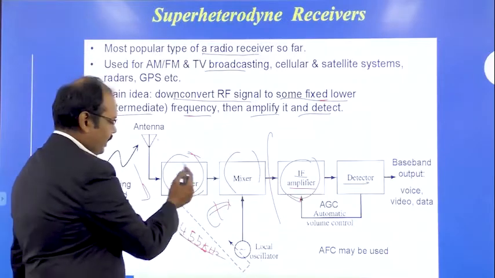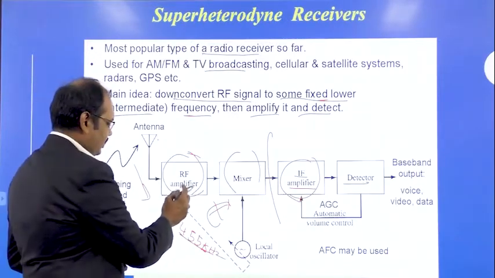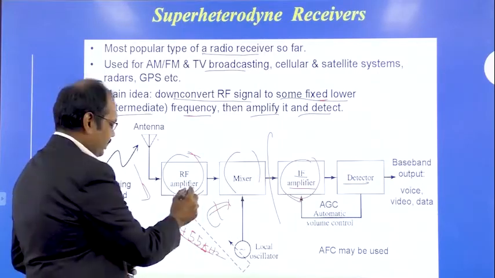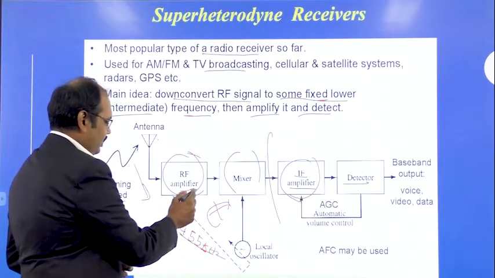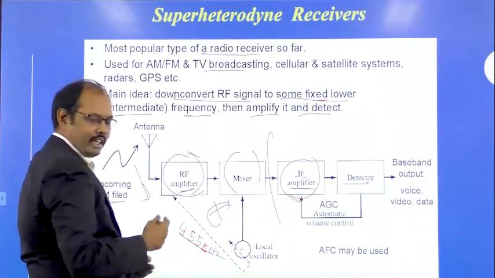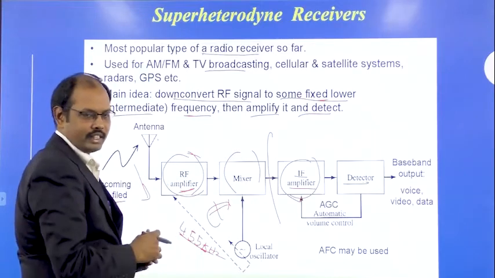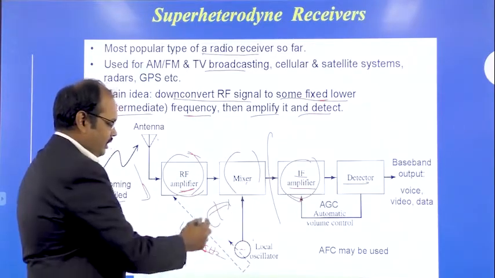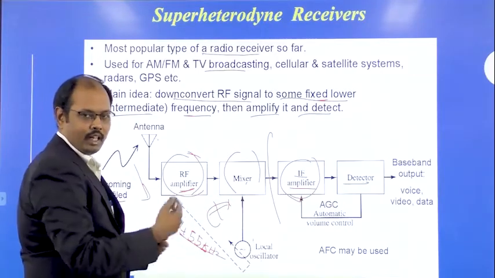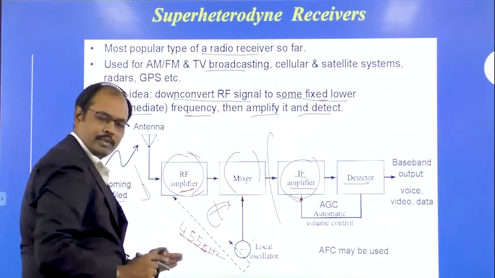In this part, the antenna will be receiving many signals. The RF amplifier will be collecting the signal and amplifying it. It will have selectivity, that is, it will select a particular frequency of signal and reject the remaining frequencies. The mixer and local oscillator are used to down convert or up convert into the intermediate frequency, that is, 455 kilohertz.